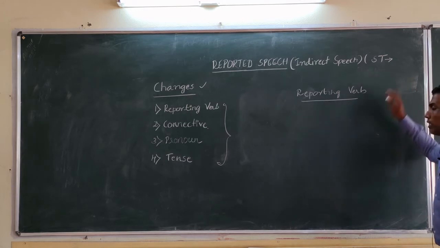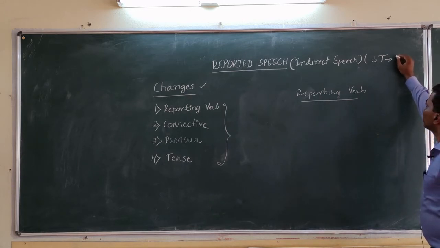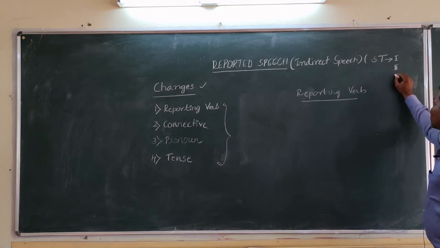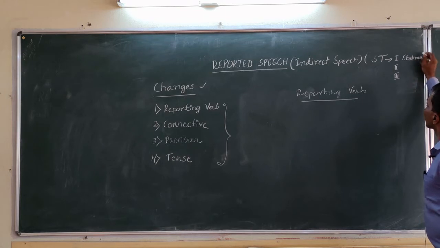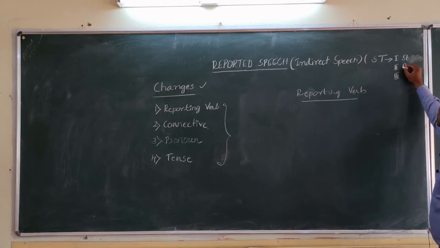The first type is statements. The second type is question. The third type is request, command, order.